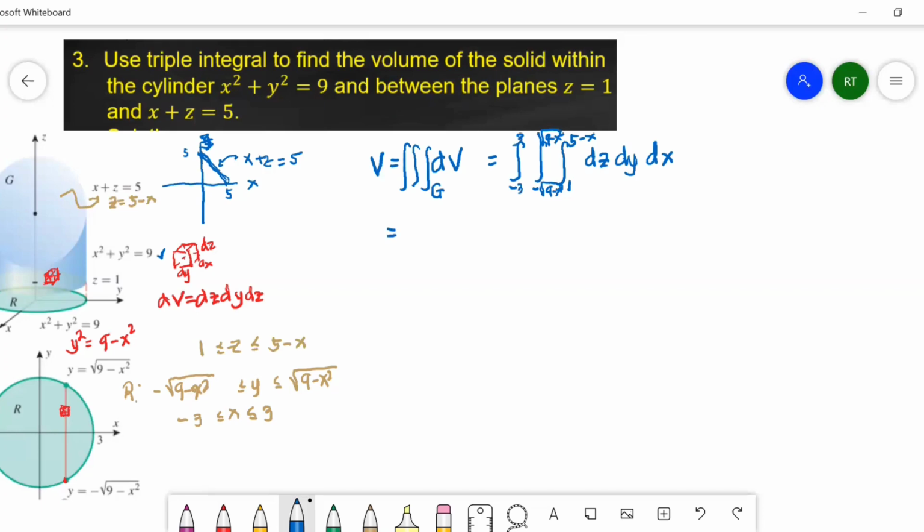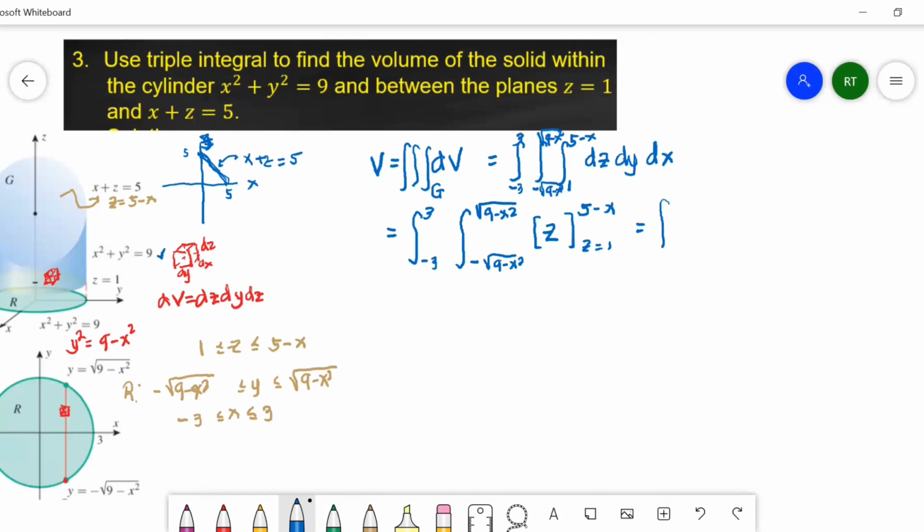Hence we have the integral from minus 3 to 3, then negative square root of 9 minus x squared to positive square root of 9 minus x squared. The innermost integral, the integral of the differential of z, is z, and we have to evaluate z from z is equal to 1 to z is equal to 5 minus x.